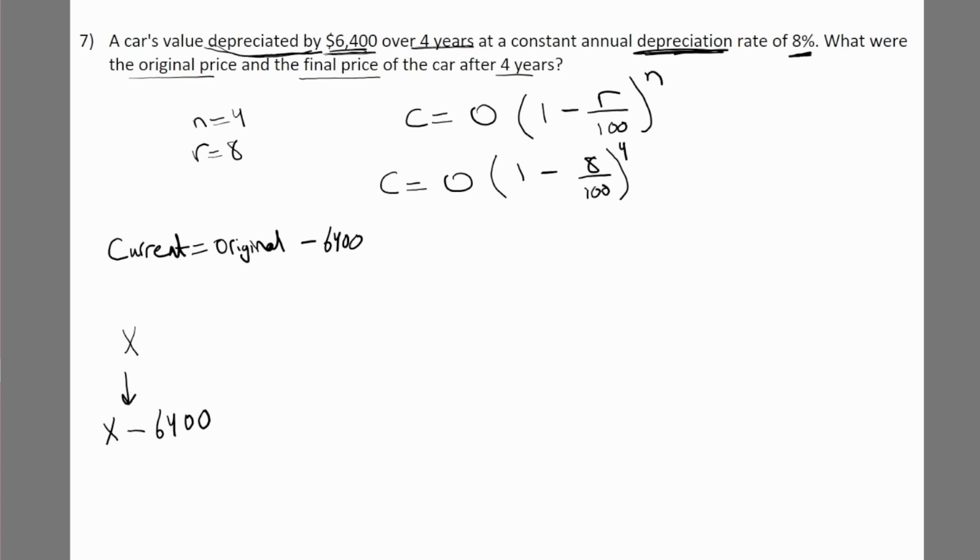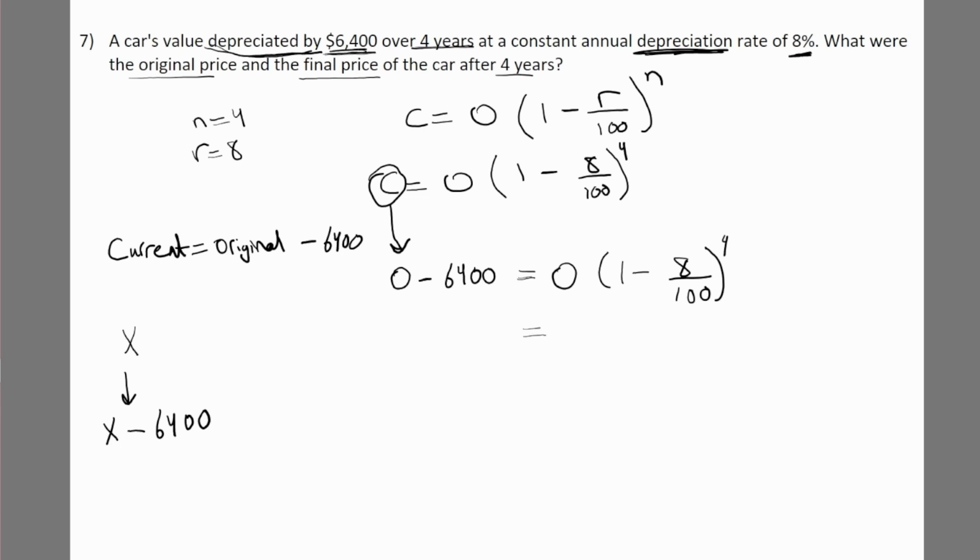So what I can do is go ahead and replace this C by the original minus 6,400. That would be the current value, is equal to the original value multiplied by 1 minus 8 over 100 to the power of 4. And now I have an algebraic equation with only one unknown, so I can solve it easily.